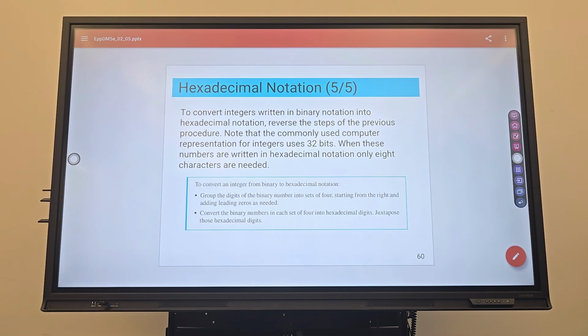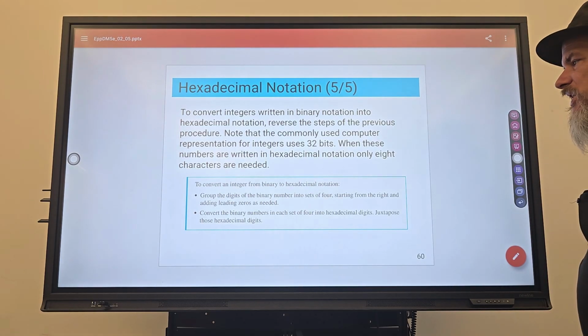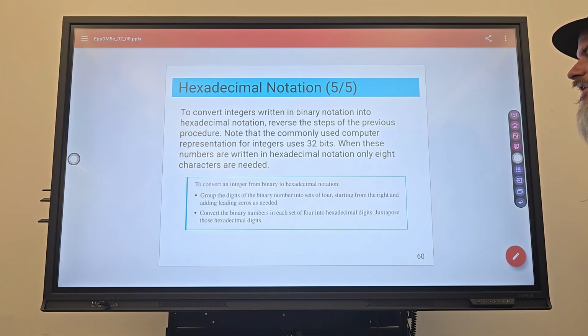To convert an integer from binary to hexadecimal, group the bits of the binary number into sets of 4, starting with the right and adding leading zeros as needed to the left. Convert the binary numbers in each set of 4 into hexadecimal digits. And there you are.